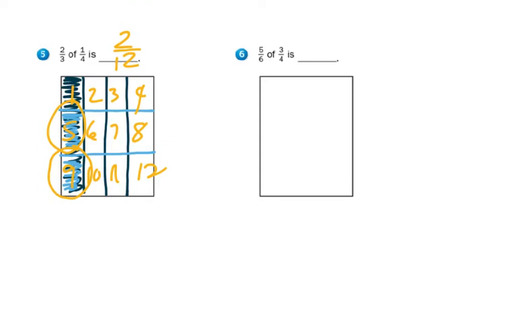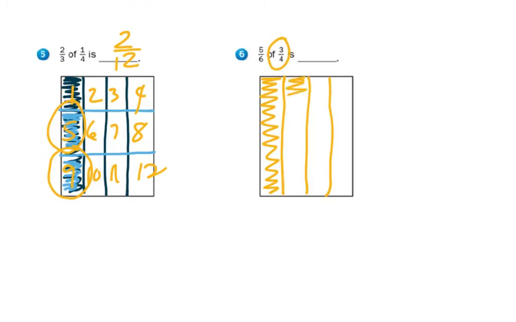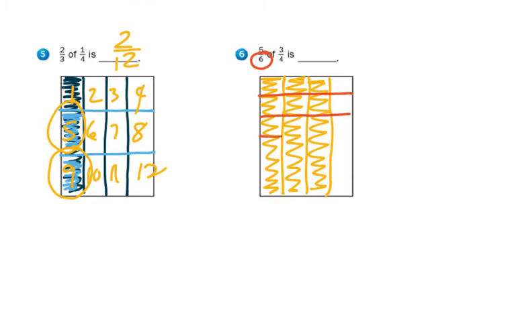Number 6, 5/6 of 3/4. All right, we'll start with 3/4, so divide it into 4 equal sections. Shade in 3/4 of that. Remember, once you have it shaded, you're not worrying about the unshaded part when you get to the other fraction. So now we're taking 5/6. So now I have to divide into 6 equal parts because that's what my next fraction tells me: 1, 2, 3, 4, 5, 6.